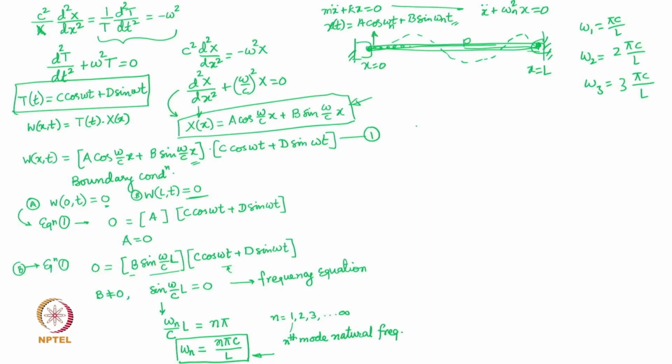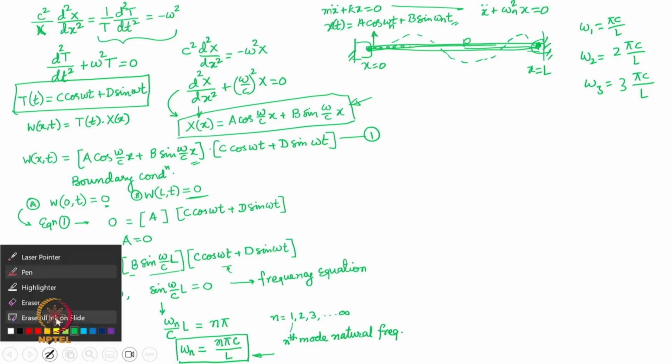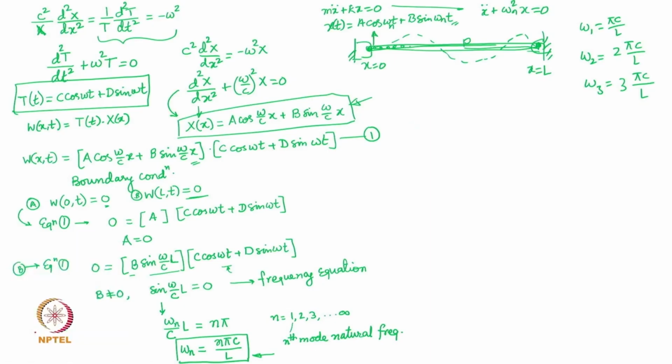Now I can rewrite the response W(x, t), equation 1, because I know the values of a and b.